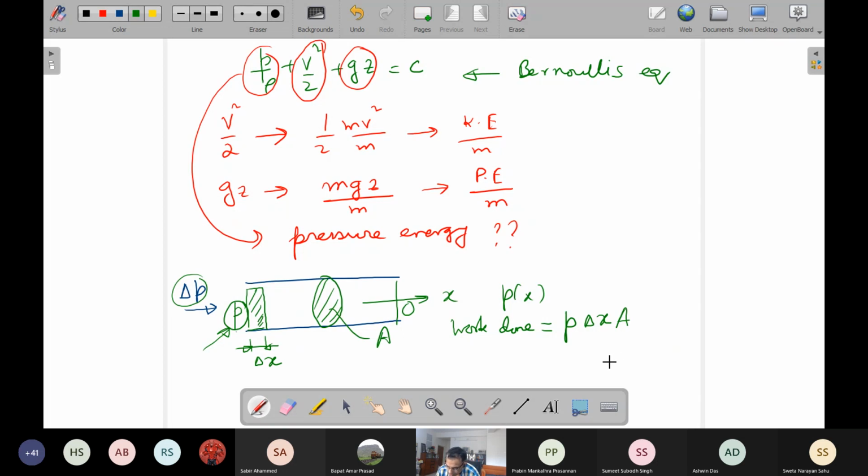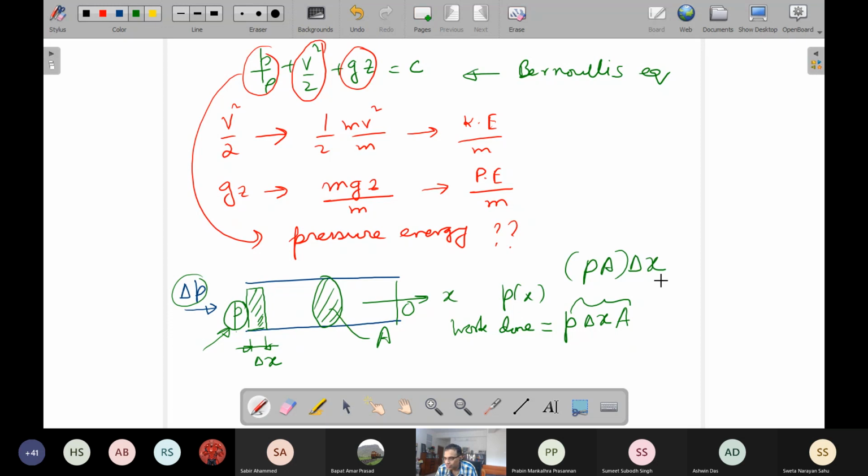You can imagine the work is related to displacement also, which is the force times delta x, and the force is P into A. That times delta x is the force into displacement.